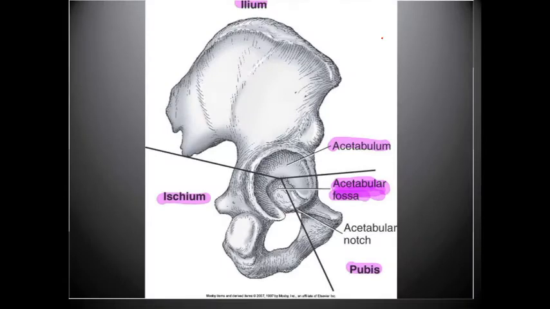And so here we have the acetabulum, which is the cup-like depression. And as we can see, we have the ischium forming this portion, the pubis forming this portion, and the ilium forming the upper portion.